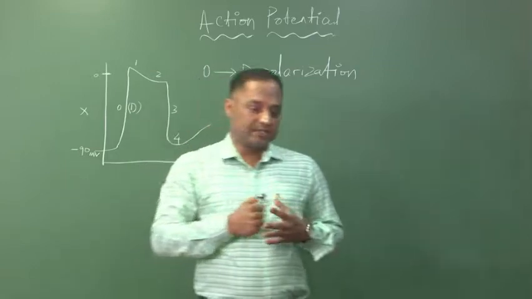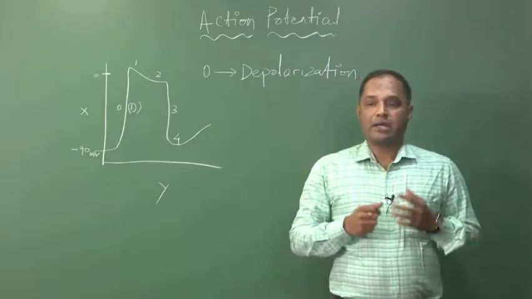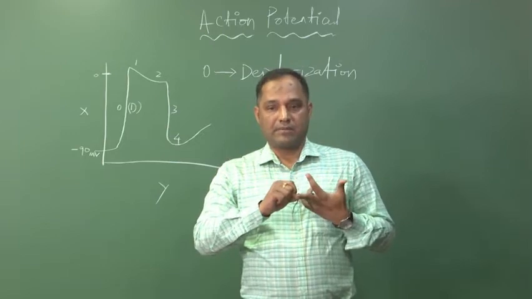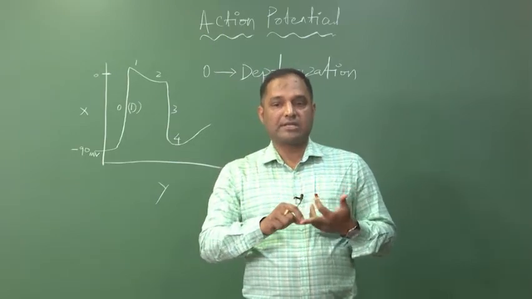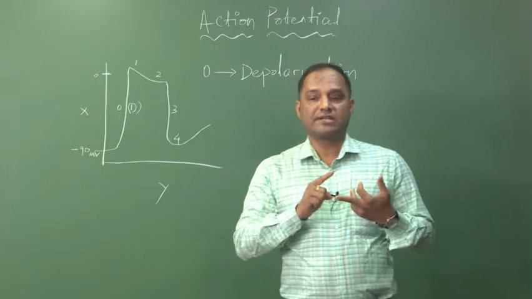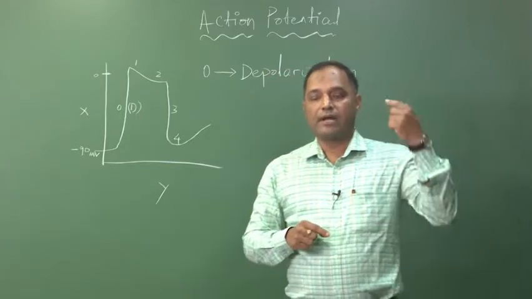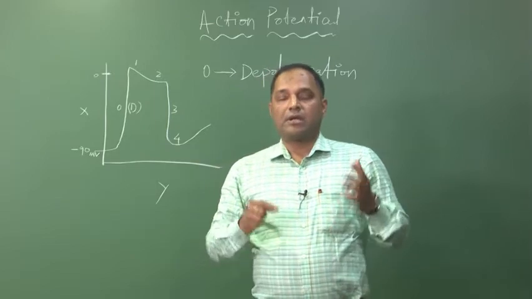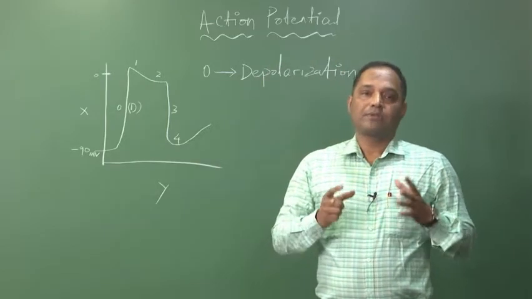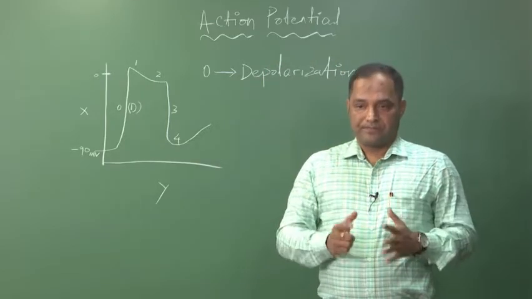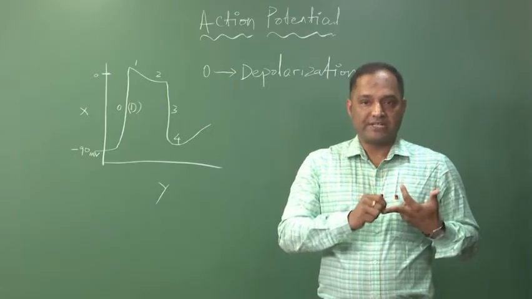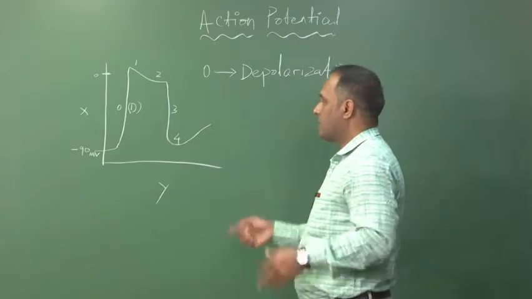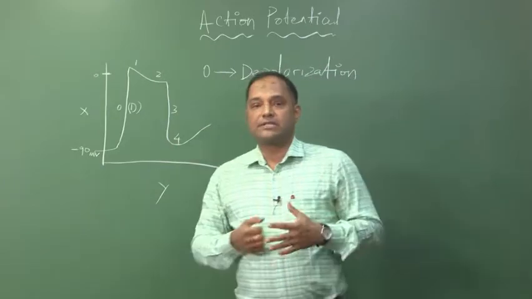The sequence is like somebody pricks my finger, then the sensation travels throughout the way and reaches the CNS, and thereafter I tend to know that my nerve endings are pricked. So thereafter, this depolarization starts.